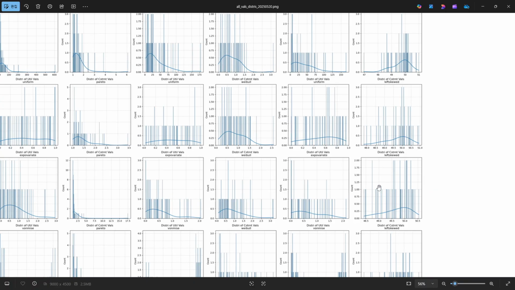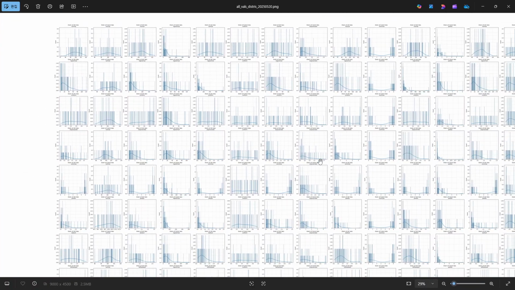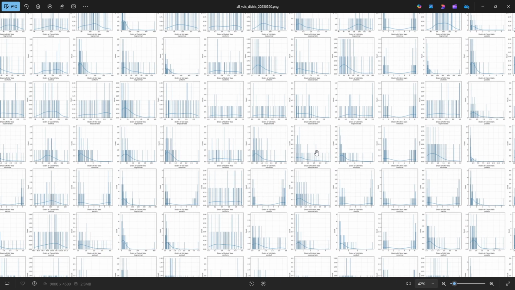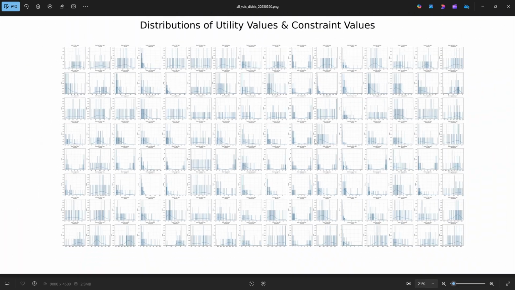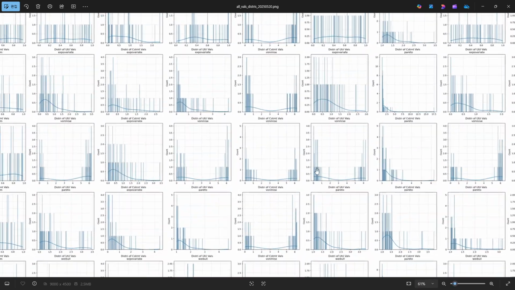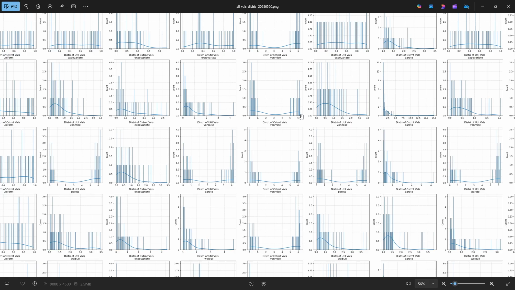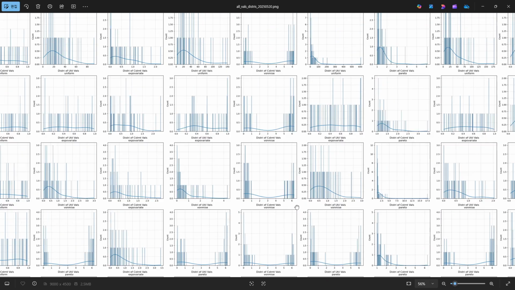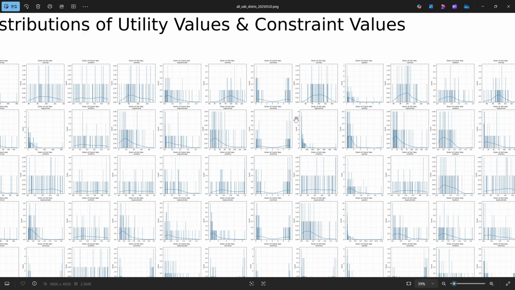It is still kind of left skewed, and so this is just a way to illustrate the distribution of values that were used for the 64 evolution iterations.